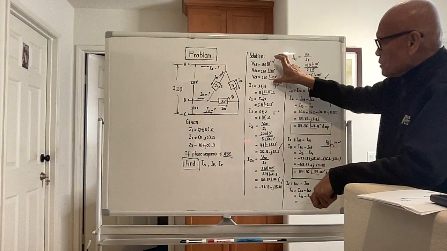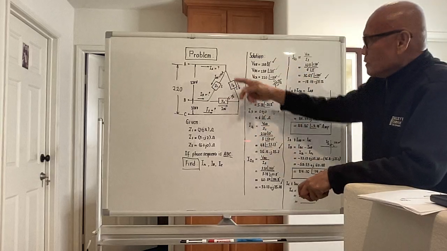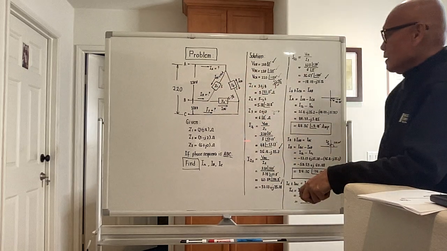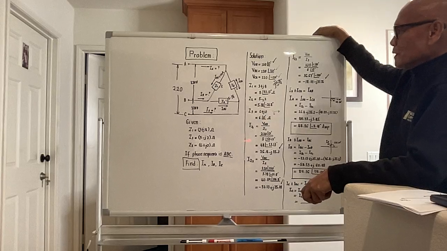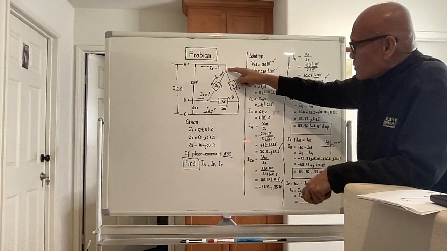The input voltages are balanced, but since the load is unbalanced, of course, the three line currents coming in should be unbalanced. To compute the current in each line, we consider the three terminals here.